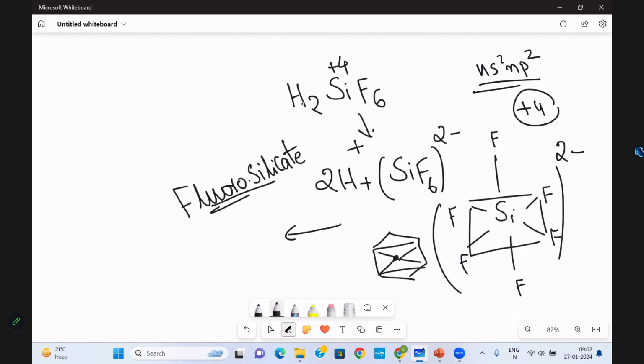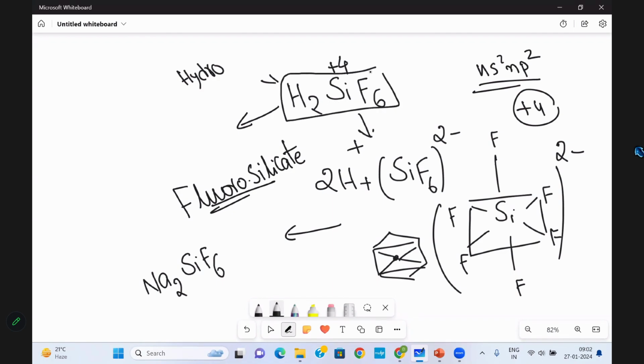You know, the question can be twisted into another form also, my dear friends. If you treat this with some salts, it can also form salts, for example Na2SiF6, sodium fluorosilicate. Can you tell me the name of this H2SiF6?